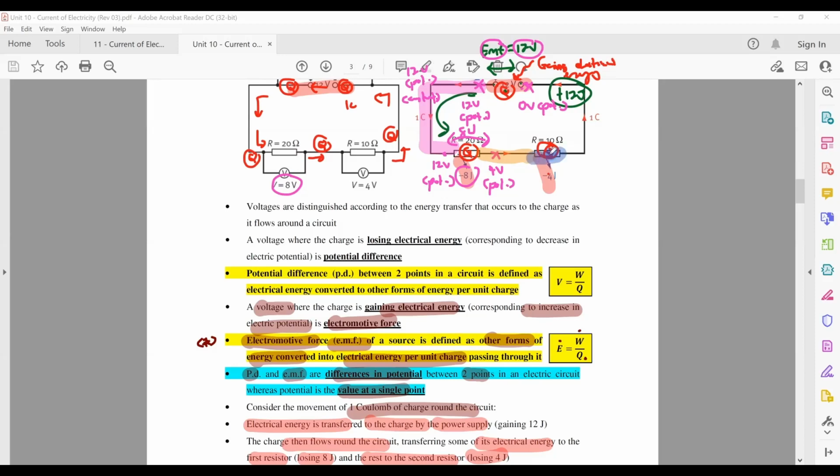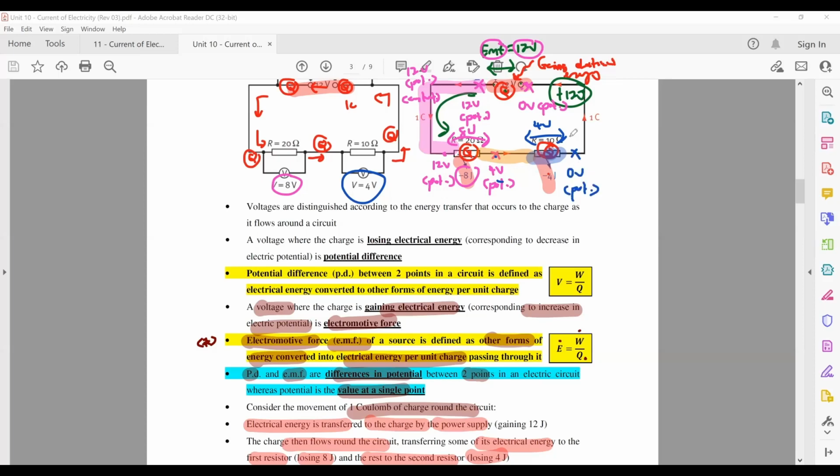Your charge passes through here and loses electrical energy again. You will have decreased electrical potential, but how much is it decreased by? You see that here is 4 volts. So if this is 4 volts potential, and the difference here is 4 volts, it follows that your potential here would be 0.